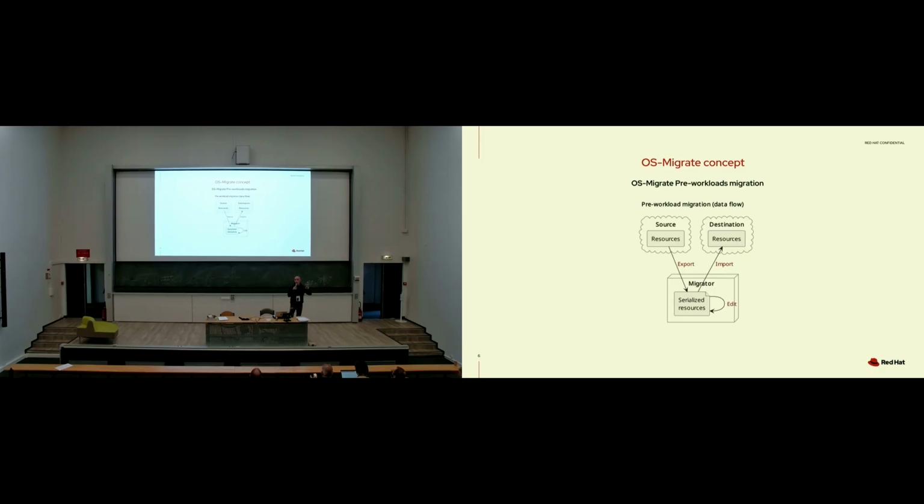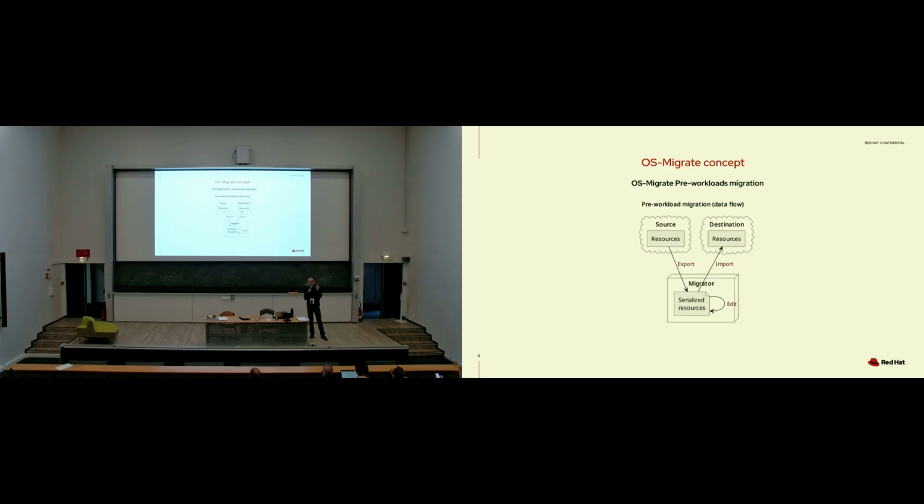Yeah, just a few concepts about the migration, because I said pre-workload migration. So for those who are not familiar with those terms, the pre-workload migration concerns all the resources around the virtual machine. So that means that it's, for example, flavors, security groups, networks, subnets, and OS-Migrate is exporting all those resources into serialized data, which is YAML files, and then imports those serialized data to the destination cloud.